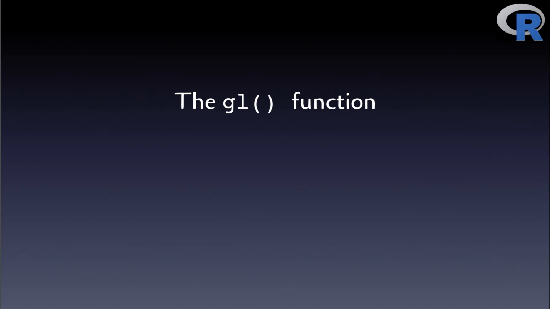Very often, when you design a language experiment, or any experiment for that matter, with a pre-specified number of participants for each level of a categorical or ordinal variable, you can use the gl function.